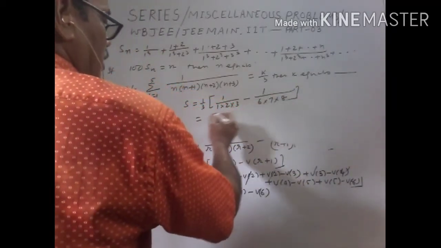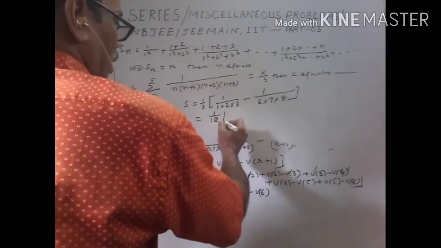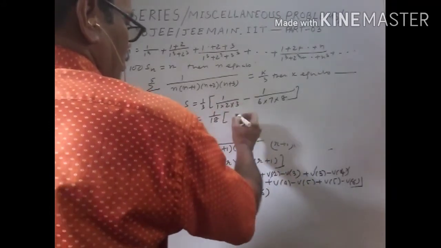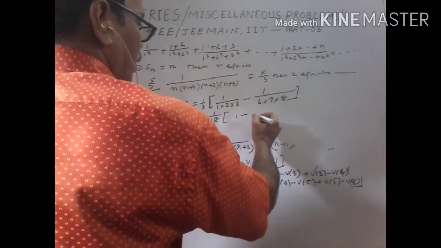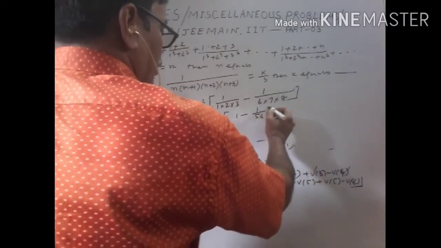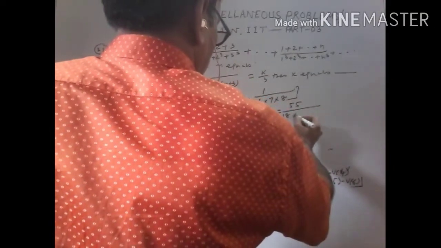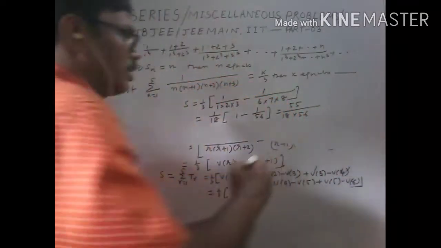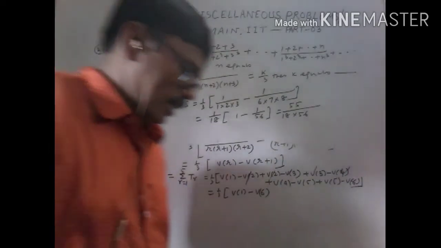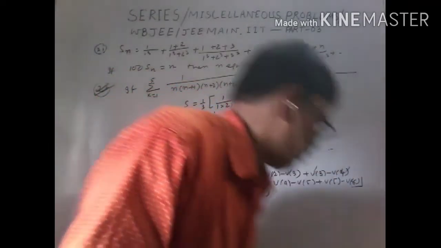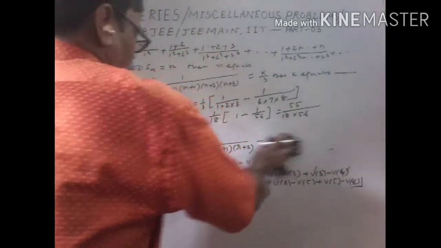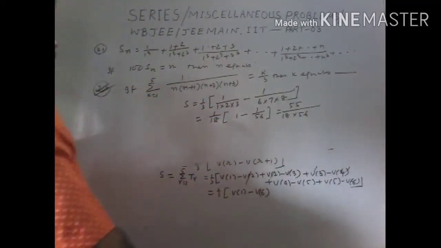So 1 by 6, 1 by 18 outside. So 6 into this, so 1 minus 1 by 56. So 55 by 18 into 56. This will be the sum.